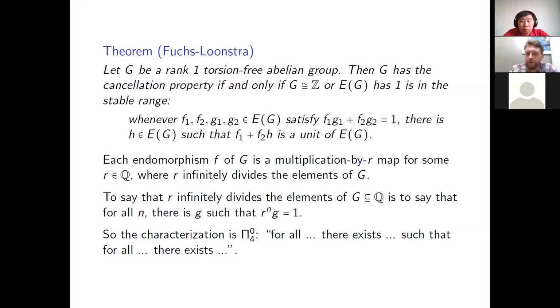So you've already got 2 quantifiers. Then if you look at the property, you have to say for every f1, f2, g1, g2, there exists an h. And then you've got to actually say that things are in the endomorphism ring, that's for all there exists. So the whole definition has for all there exists, which means that it's Pi 4. So you can say that the set of all things that are cancelable is a Pi 4 set.